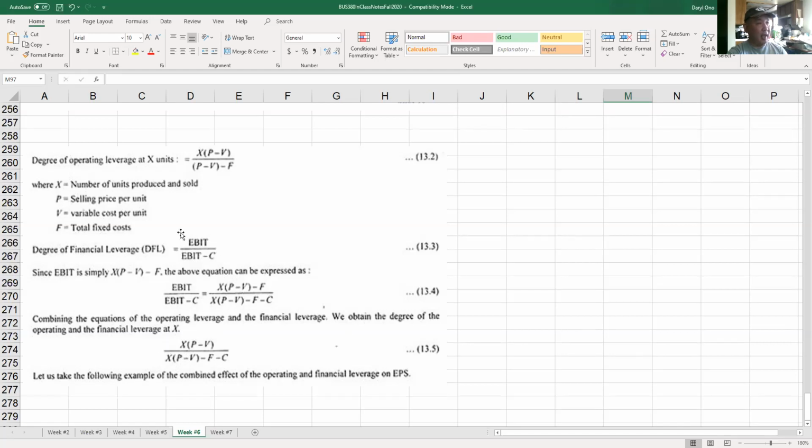So here we have the EBIT divided by EBIT minus C. Again, C is the interest cost. And that's going to give us right here our degree of financial leverage, but right here is the degree of combined leverage, when we multiply the degree of operating leverage times the degree of financial leverage.